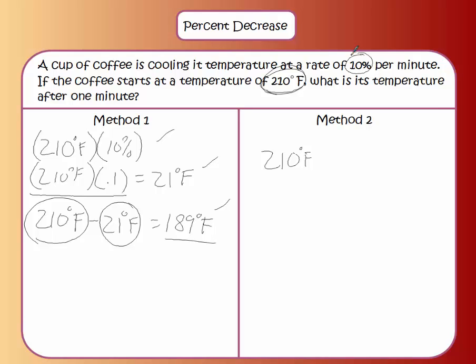Well, if 10% cooled off, then the other 90% of it is still hot, right? So if we had 10%, you could say 100% minus that 10% gives me 90%, and that's actually what I'm looking for. I'm not looking for how much it cooled, I'm looking for how hot this thing still is.